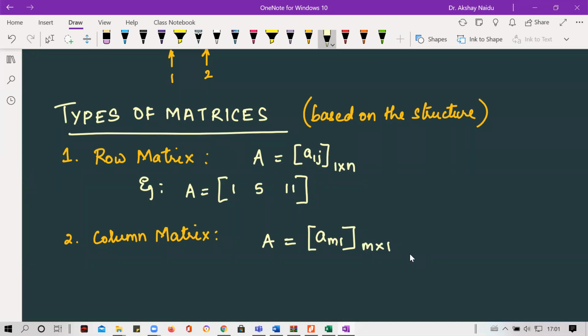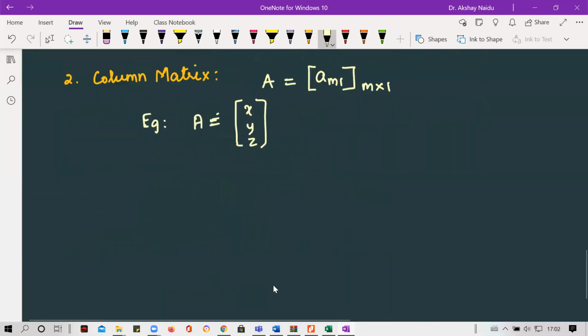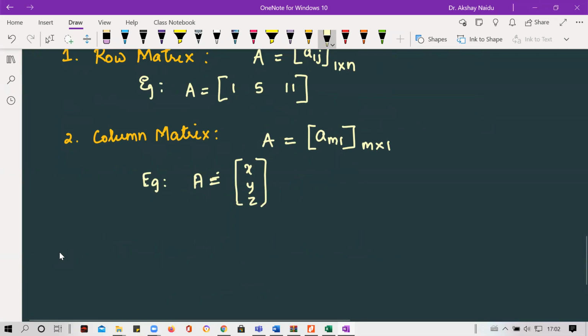All right. So this is a column matrix. We deal with a lot of column matrices in engineering, especially when we solve simultaneous equations. The variable matrix usually is a column matrix. Then row matrix, column matrix, then we have a rectangular matrix.